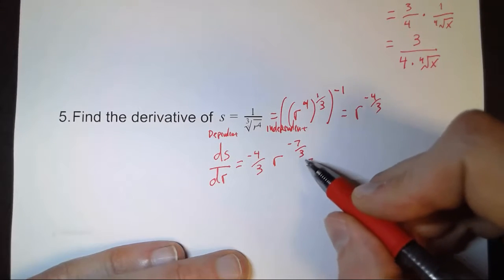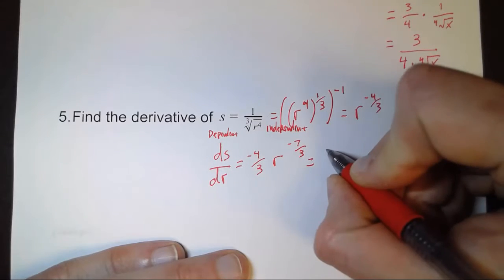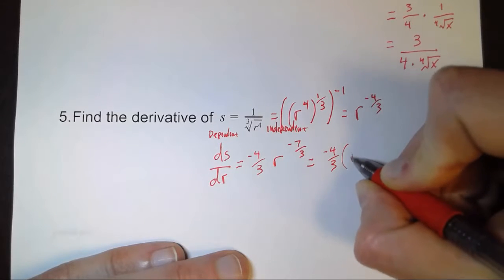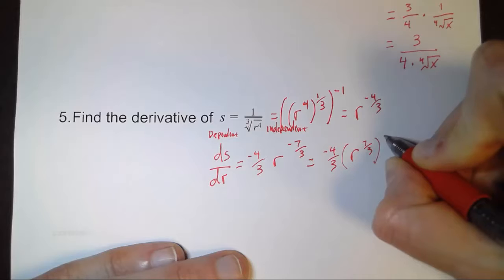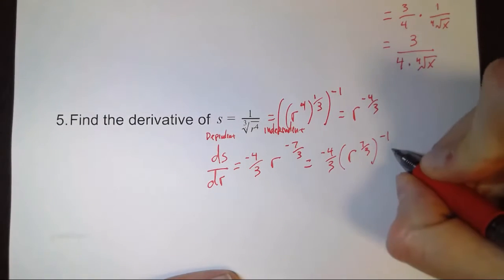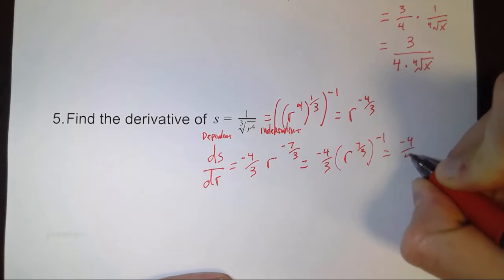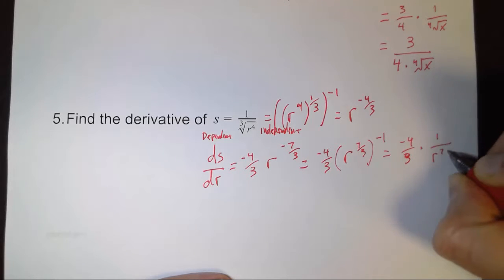Now let's break this apart into what it was before. We have negative 4/3 as our constant, and so we have r to the negative 7/3. Now what's the negative going to do? Well, that's going to give us a reciprocal. So we have negative 4/3 times 1 over r to the 7/3.